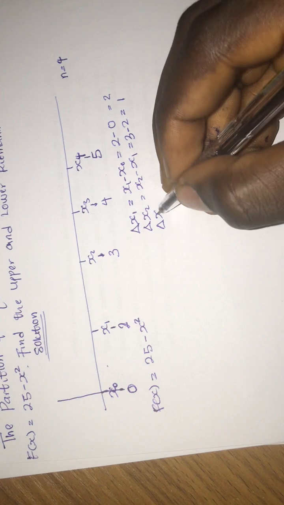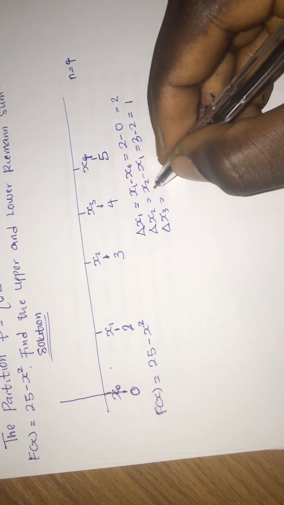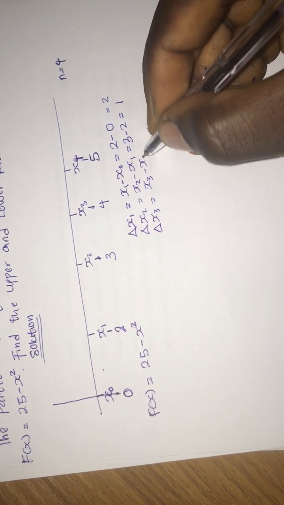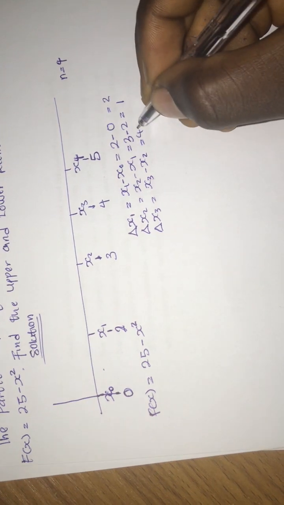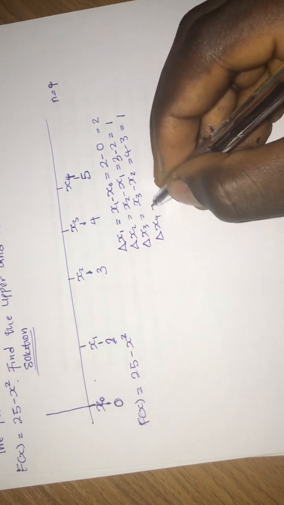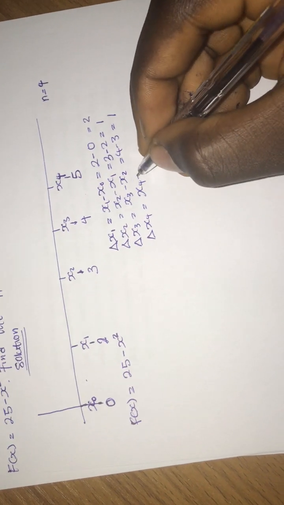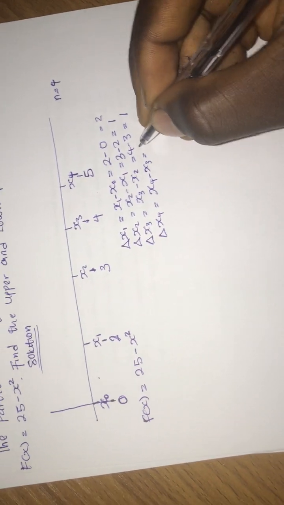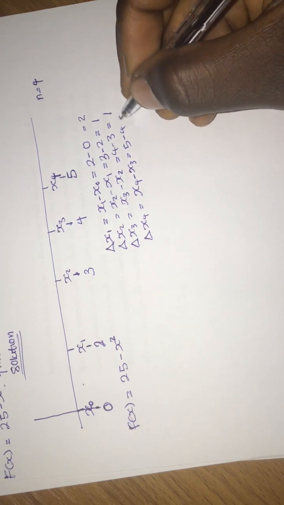So delta x3 is equal to x3 minus x2, which is 4 minus 3, equal to 1. So delta x4 is equal to x4 minus x3, which is 5 minus 4, which is equal to 1.